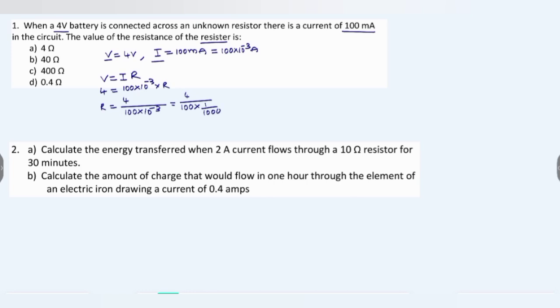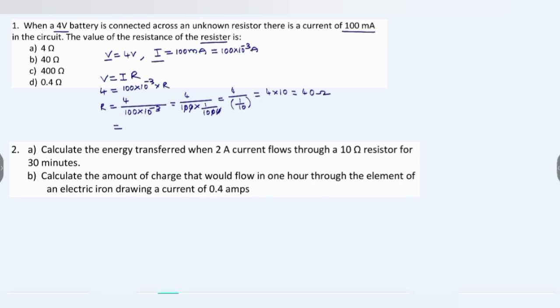Now the zeros cancel, so that is 4 by 1 by 10, that is 4 into 10, which is 40 ohms.